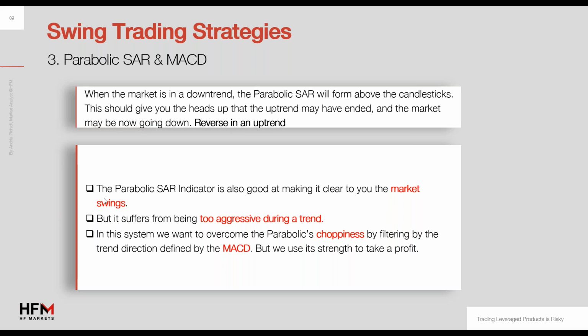So based on this strategy, if the market is in a downtrend, the Parabolic SAR dots are pointing up, above the candlesticks. You know, if we're in a downtrend, the Parabolic SAR will automatically form above the candlesticks.